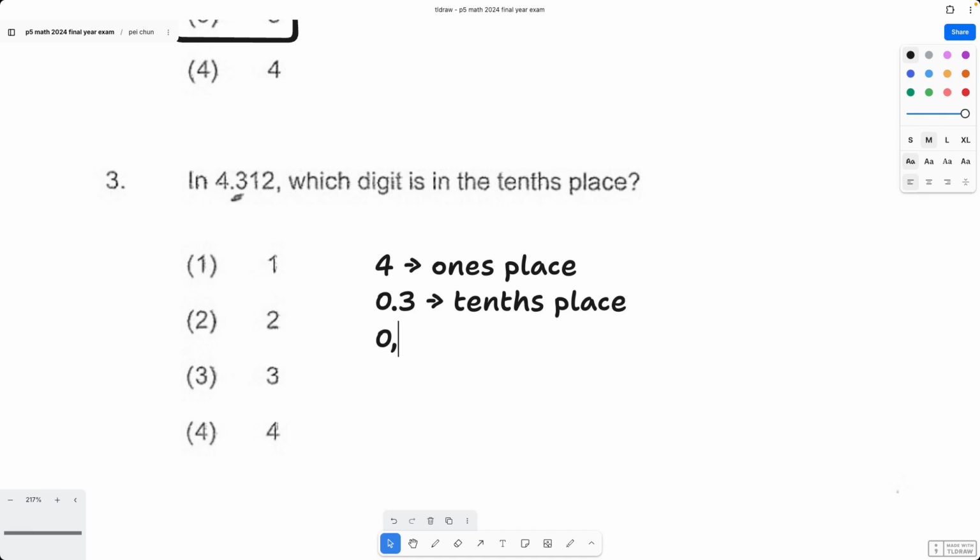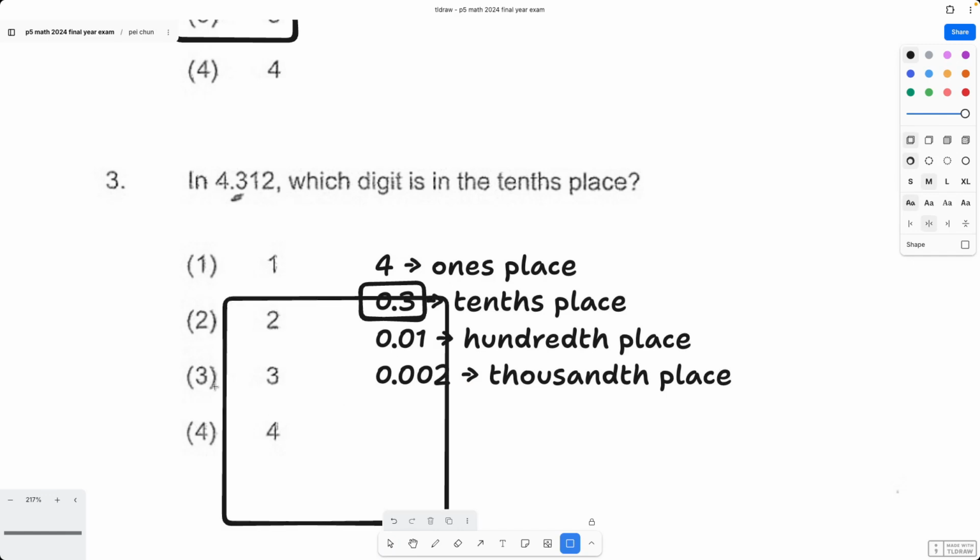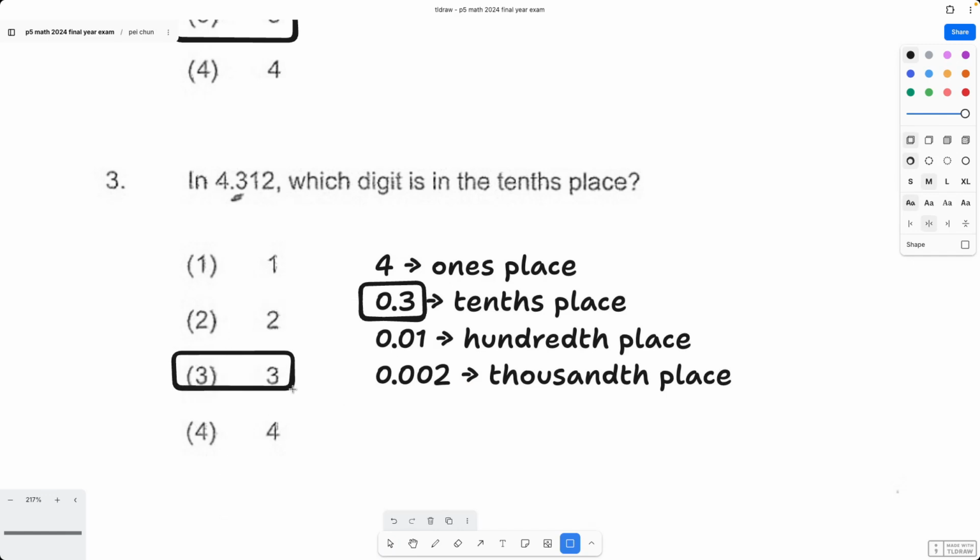Then 0.001 is in the 100th place, and lastly 0.002 is in the 1000th place. So which one is in the 10th place? The 3. So the answer is 3, option number 3 for question number 3.